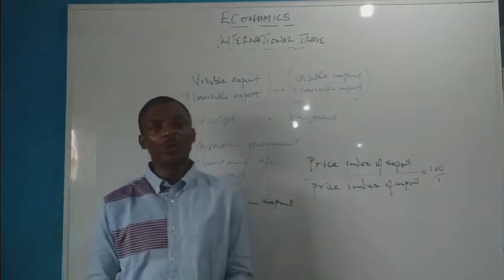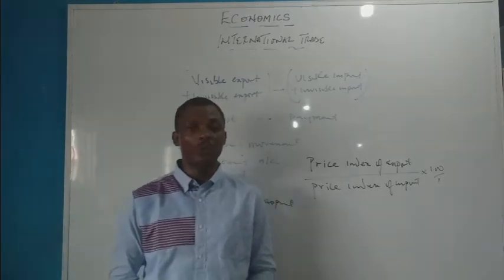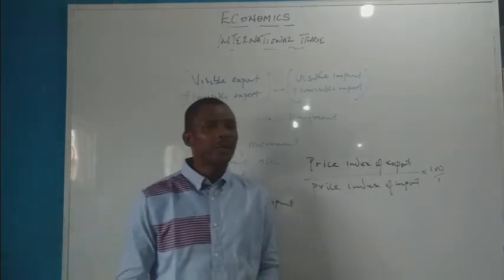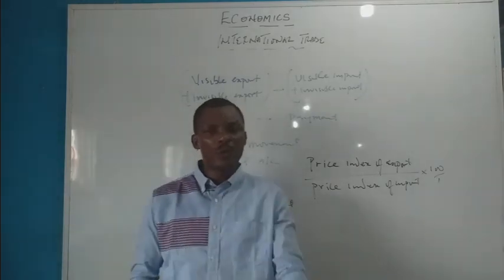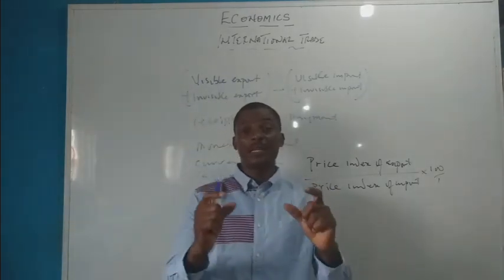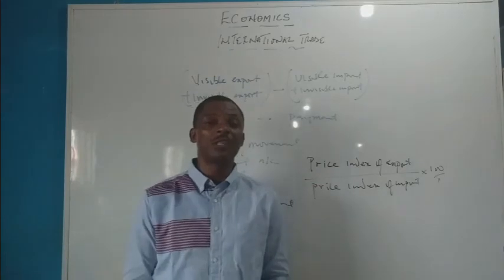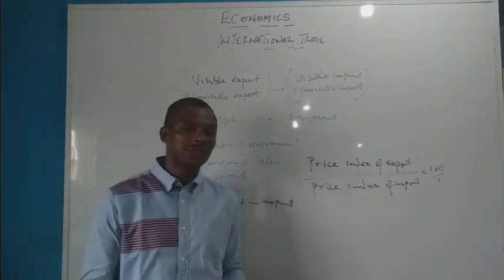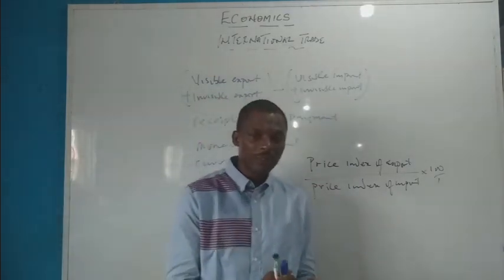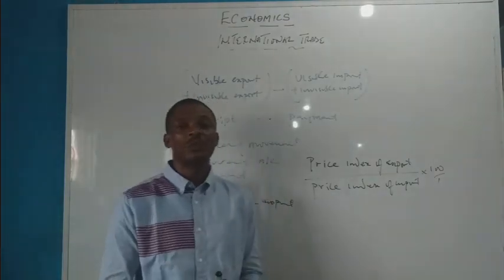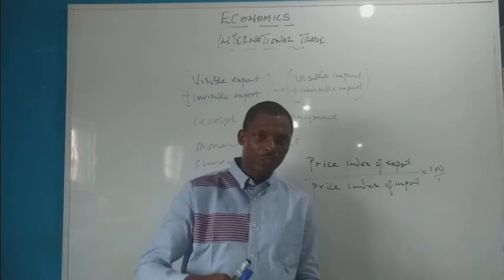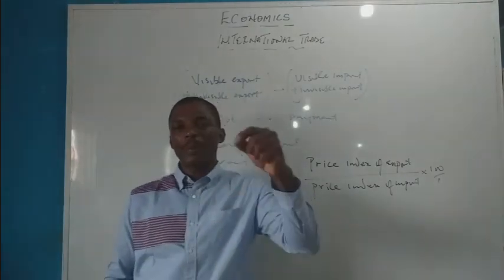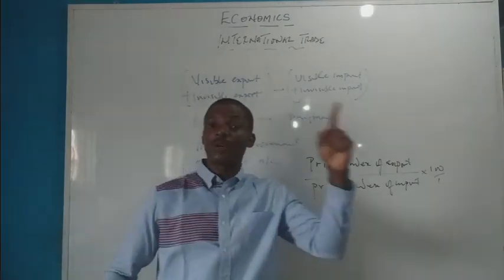Nigeria produces crude oil, and it also produces cocoa. According to David Ricardo, it is better for Nigeria to produce the one in which it will benefit, even though it can produce the two commodities. And the definition just simply says that comparative cost advantage, according to David Ricardo, is when a country should specialize in the production of a commodity in which it has a comparative advantage over the other commodity.